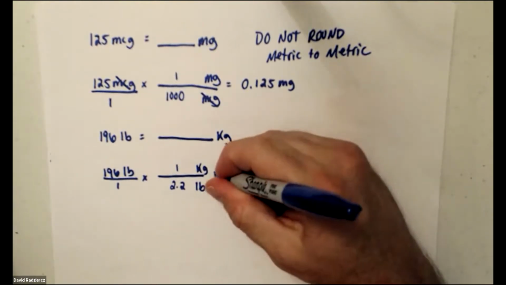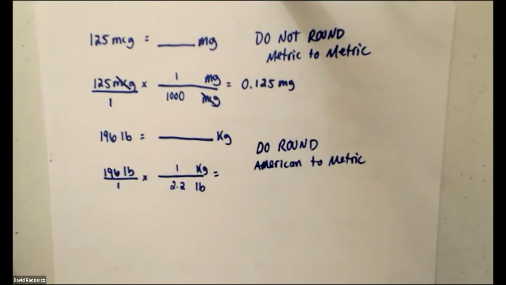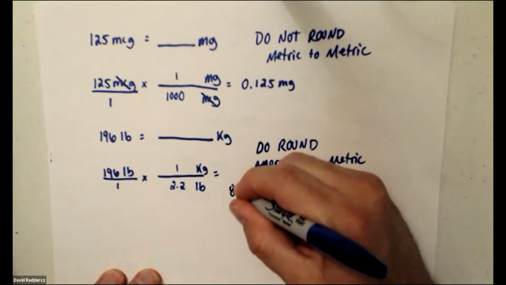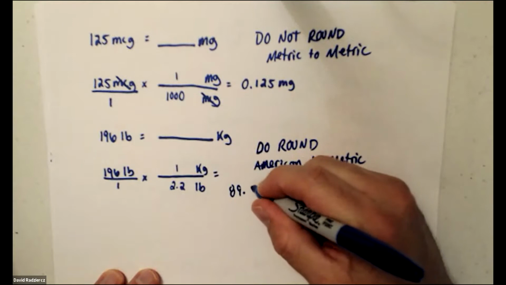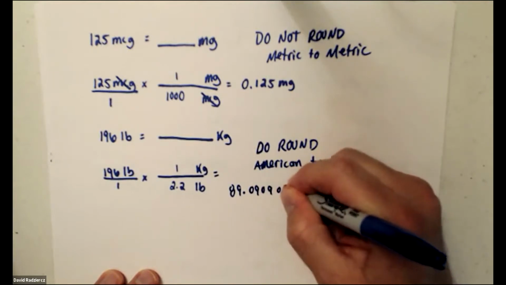Okay, so 196 divided by 2.2. I'm going to pull up my calculator here since I didn't bring my phone down with me. 196 divided by 2.2 will give me 89.090909 repeating.